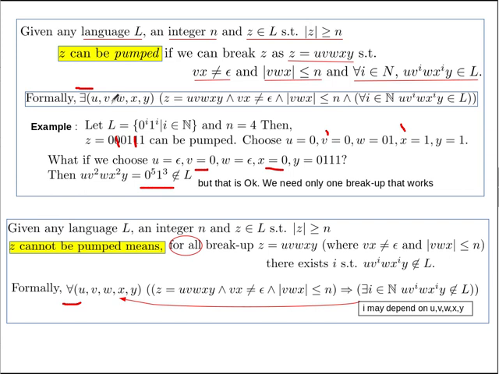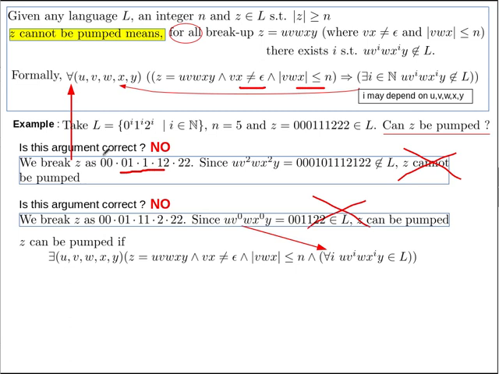So then can we say that okay, we just consider this one breakup, and you see that for i equal to 0 this is this. So why is it so? Because this v is this part and this x is this part. So you are putting this as 0, that means you are taking this out. So you have 0 0 1 1 and 2 2, which is in L. So then can we just argue that z can actually be pumped?